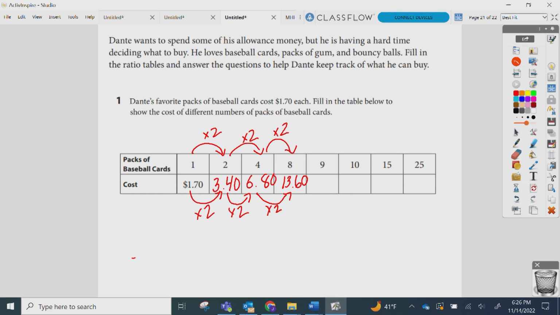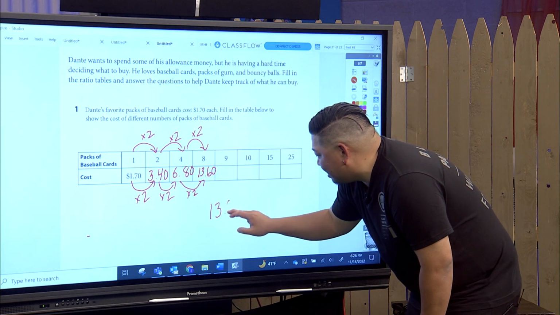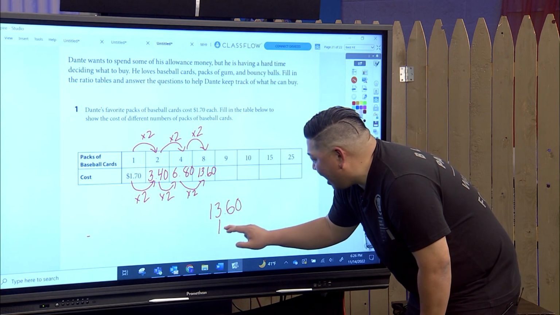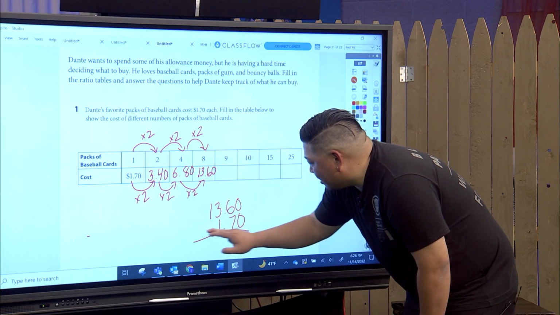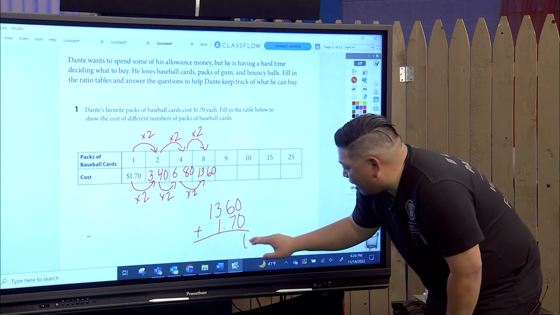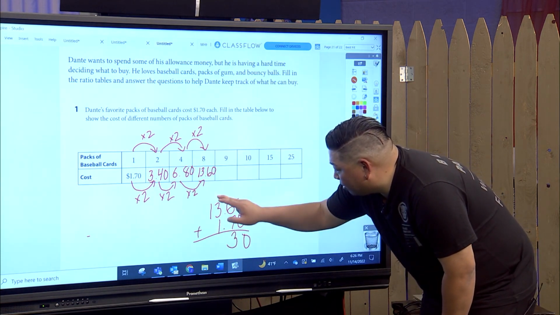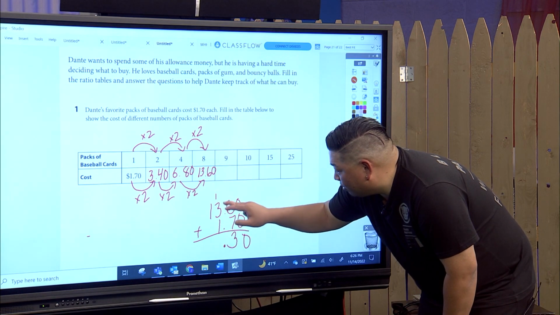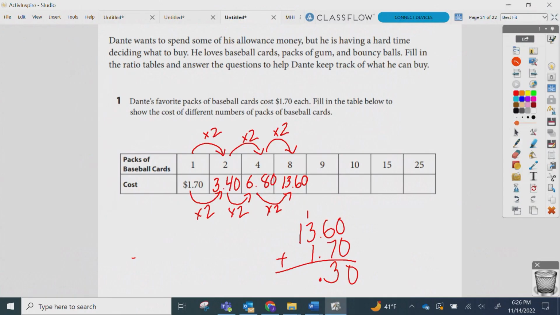So if we start off with 8 packs, which was $13.60, we can add $1.70, and that would give us $15.30.